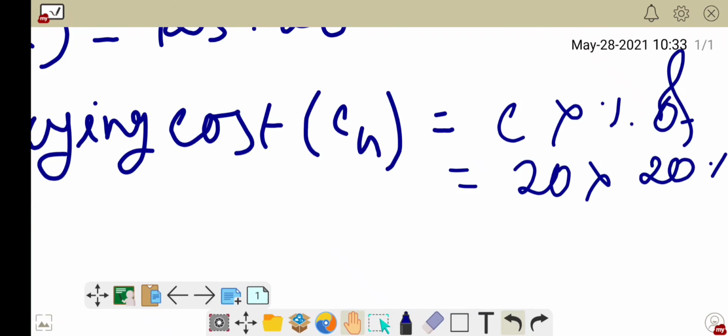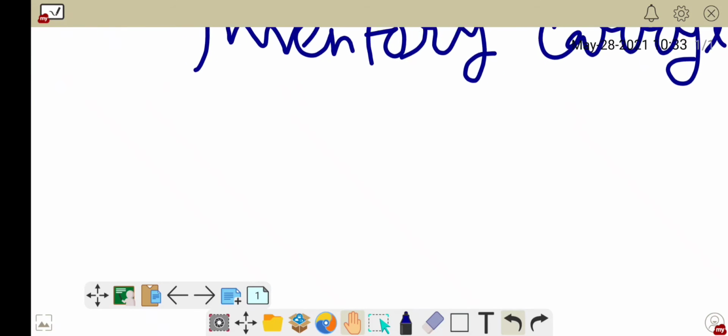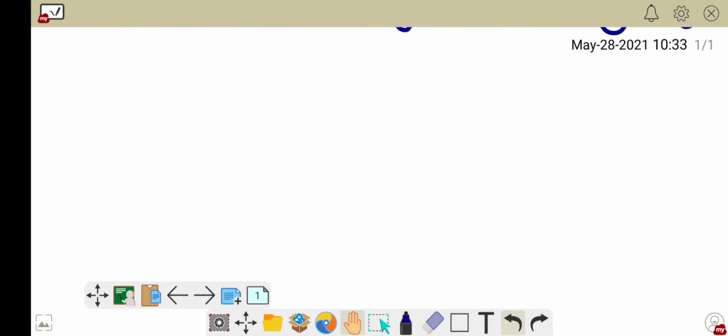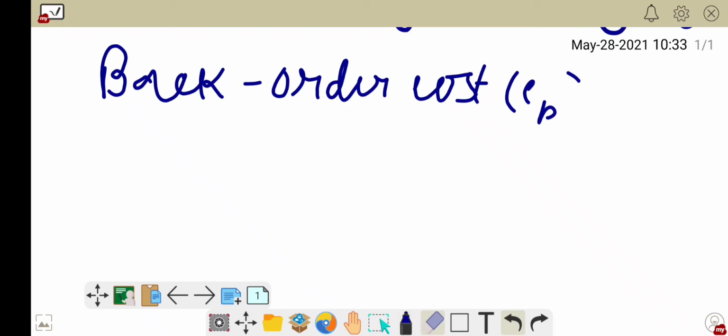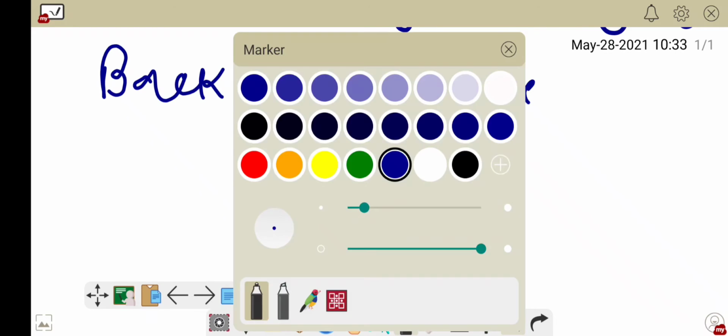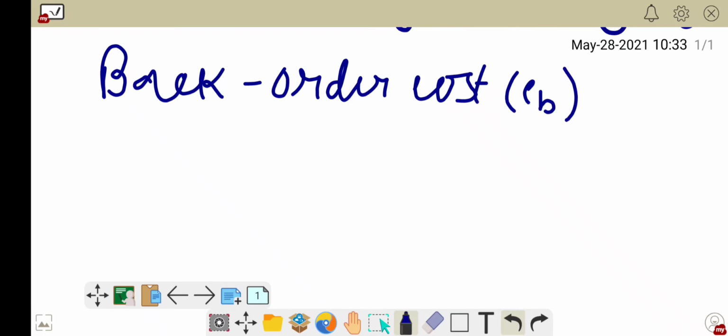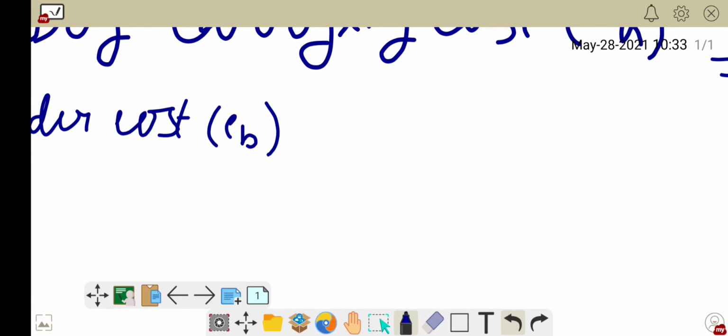And the next element is back order cost, which is denoted by CB. The back order cost CB is cost into percentage.